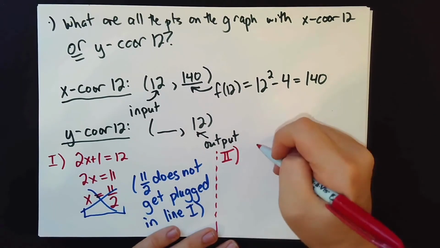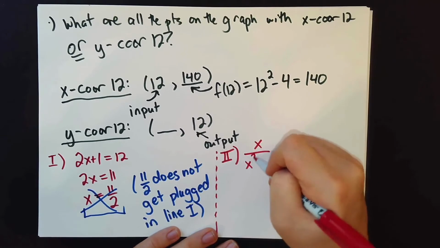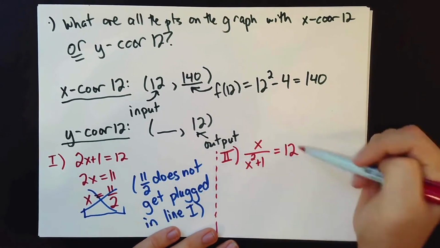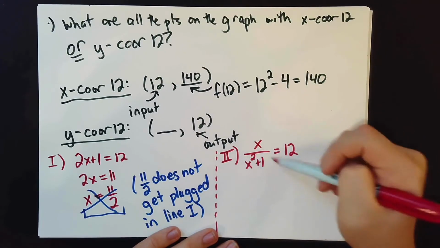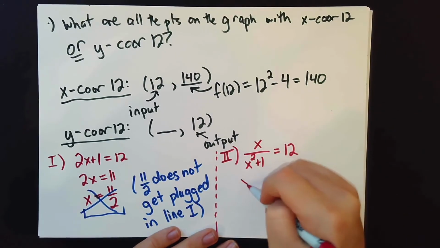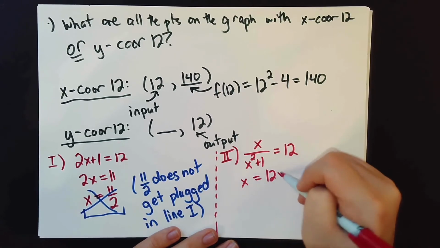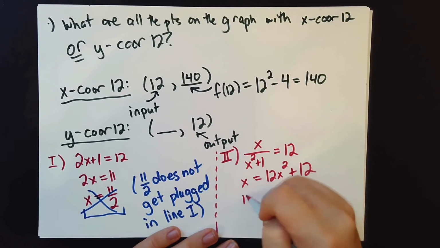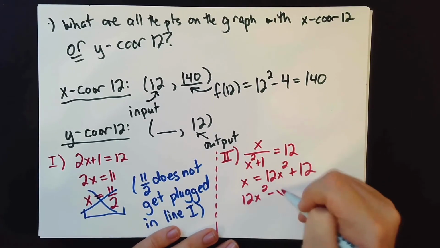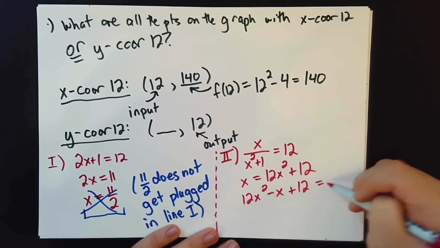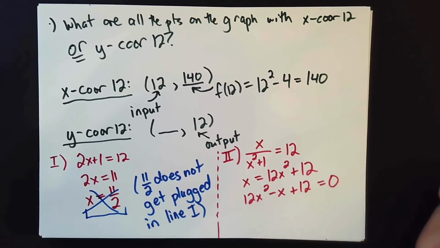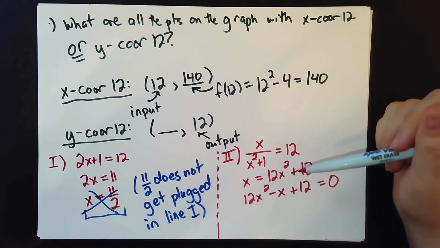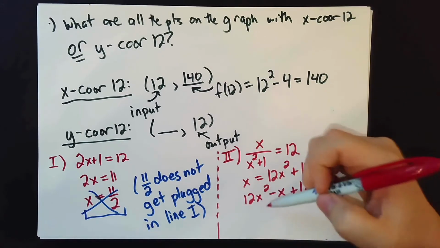What about x over x squared plus 1 equals 12? When does this happen? Well, I need to multiply the x squared plus 1 over. So I'll get x is 12x squared plus 12, so I'll get 12x squared minus x plus 12 equals 0. Okay, I might try and factor this, but it doesn't look like it factors.